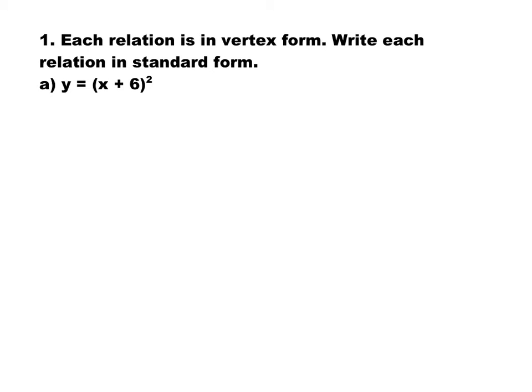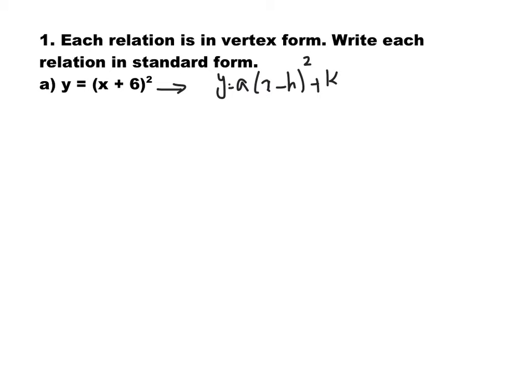In the first example, we have to find the standard form of each quadratic which is in vertex form. Let's first see why this one is in a vertex form. Remember, the vertex form is y is equal to a times (x minus h) squared plus k.